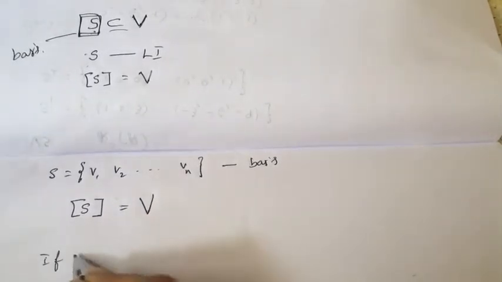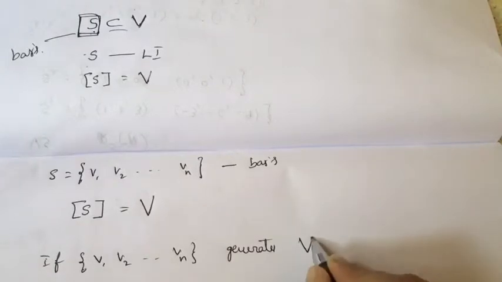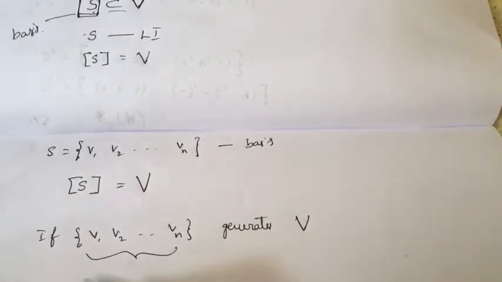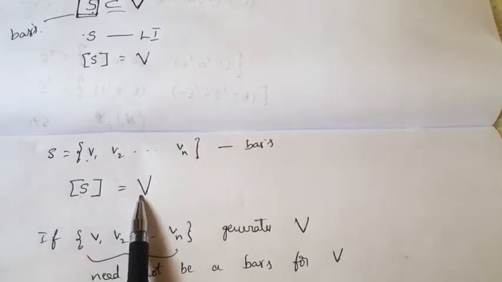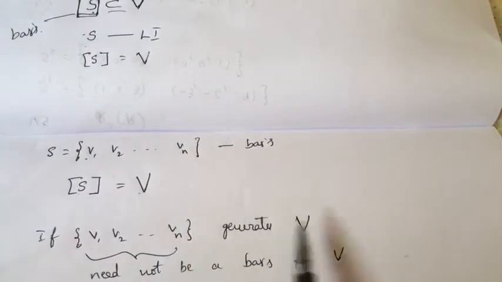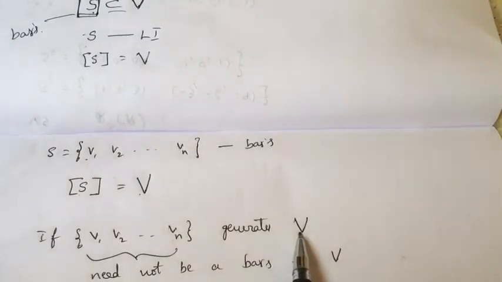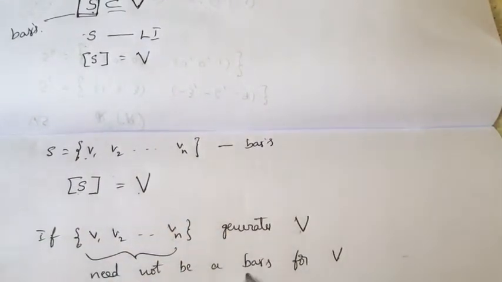If I have a set of vectors v1, v2, like that, vn, they generate the vector space, means they span the vector space V, but this need not be a basis for V. If it is a basis, then of course they span the vector space. But if they are spanning the vector space V, then they need not be a basis.